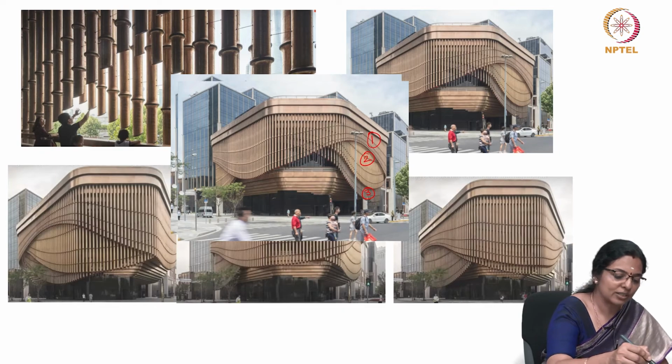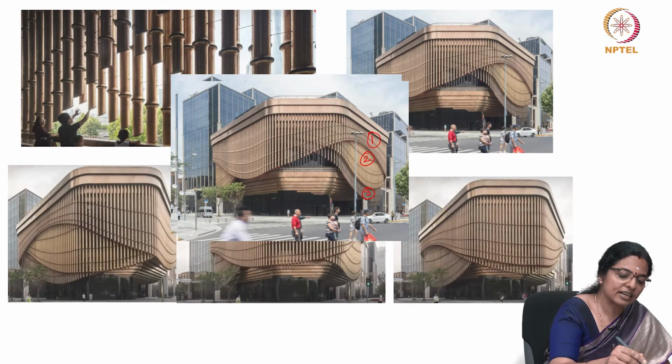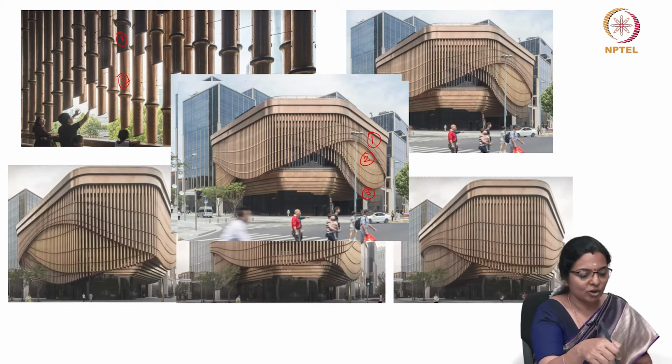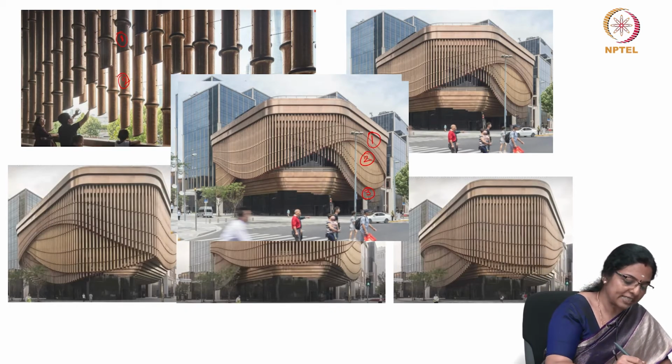So, if you actually see, these are the pipes. This is layer 1, this is layer 2, and layer 3 is outside of this, which is not shown in this picture, or here you can see layer 1, 2 and 3.